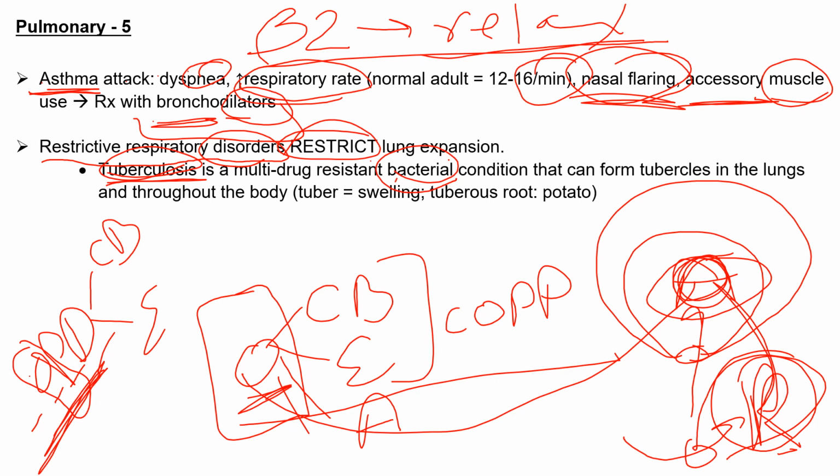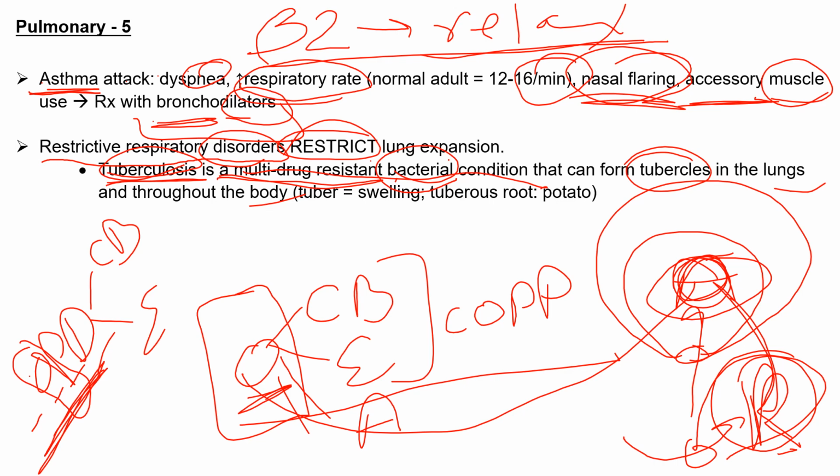And these bacteria are very difficult to treat, and we need to use multiple antibiotics, so it's a multi-drug resistant bacterial condition. And if untreated, what it forms are nodules, and nodules are called tubercles, and these nodules are formed in the lungs and throughout the body. And once again, they can be treated, but treatment is very difficult, and those bacteria are called multi-drug resistant.